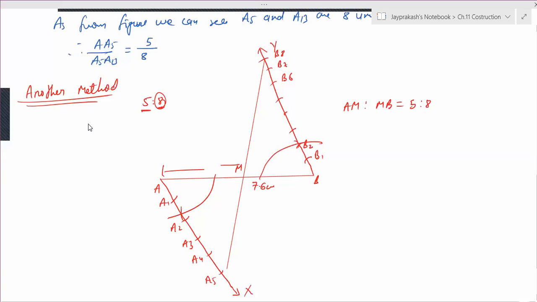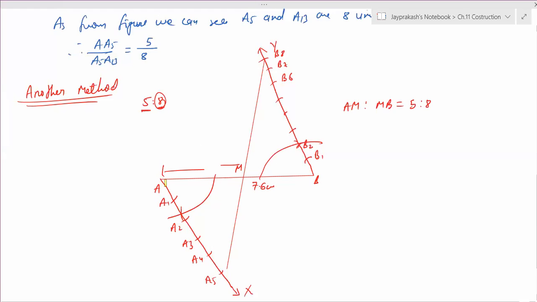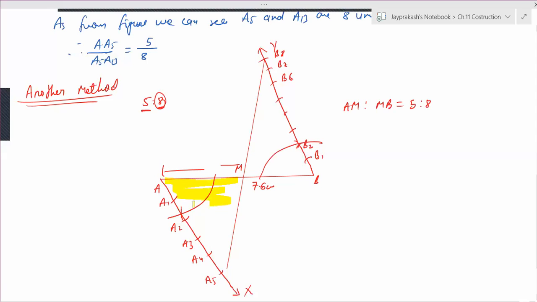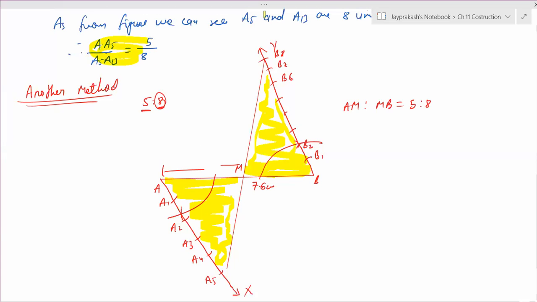And the next time for the justification, you have to prove these two triangles are similar. So by the BPT theorem, you have to prove this same part. I think this one is the more easier.